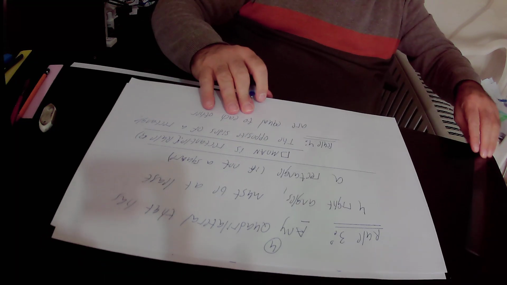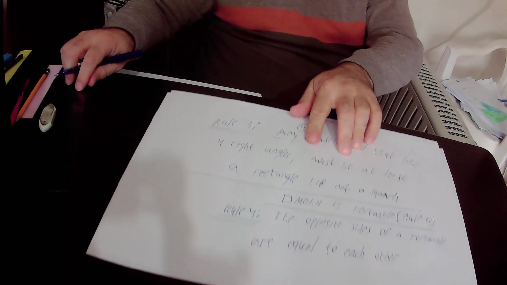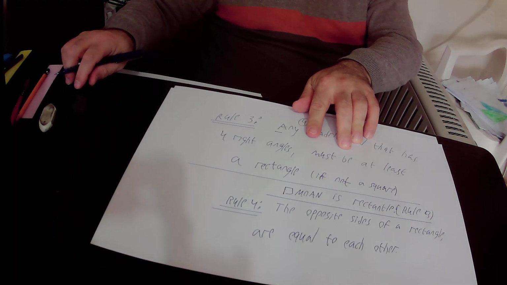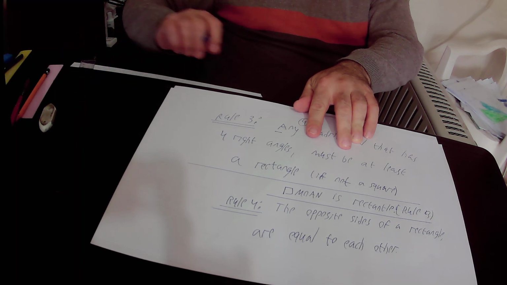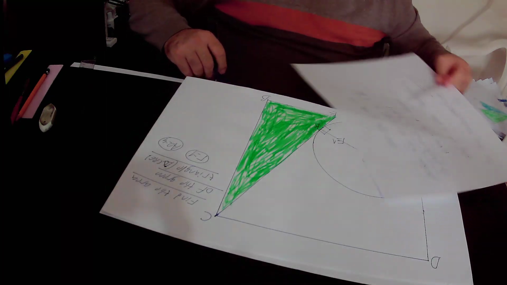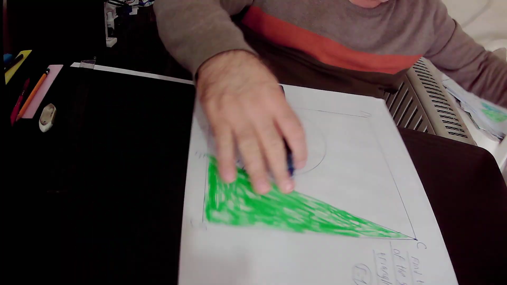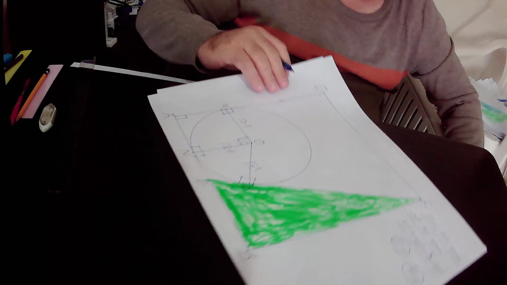So I will read rule number 4 again. According to rule number 4, the opposite sides of a rectangle are equal to each other, and actually we will relate to quadrilateral MOAN as a rectangle.